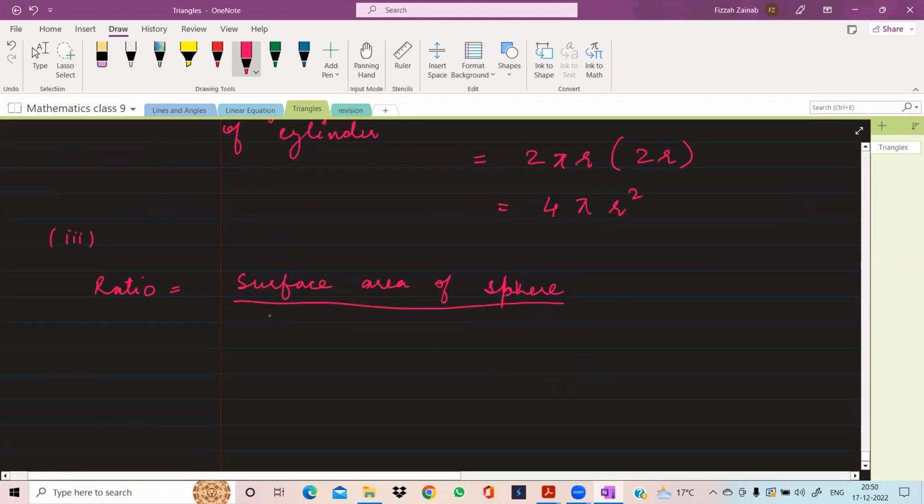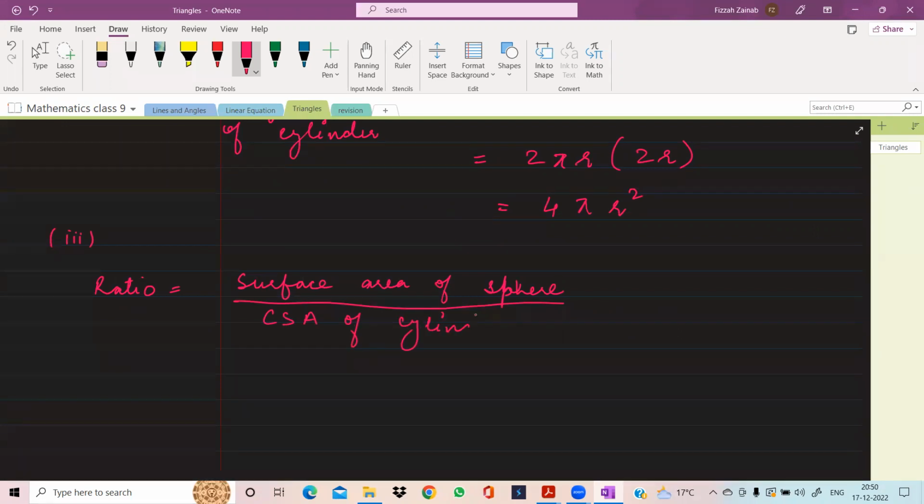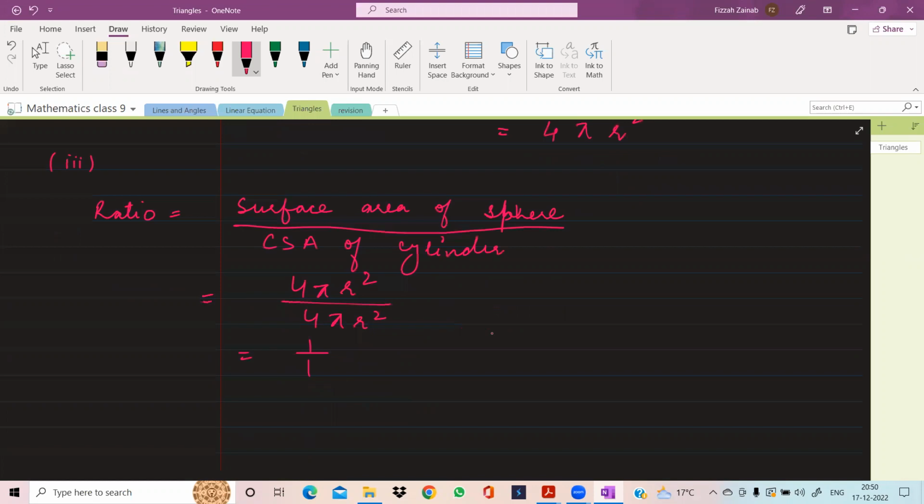This ratio you have to find. Right? So surface area of sphere was 4 pi r square. And this is also coming out to be 4 pi r square. So this is 1 upon 1. So you can say ratio is 1:1.